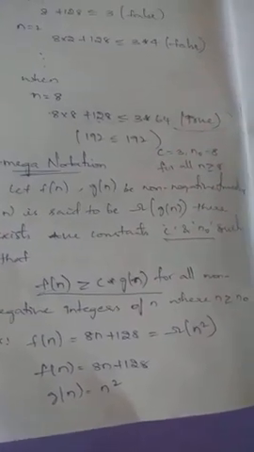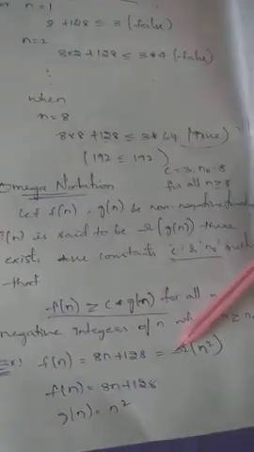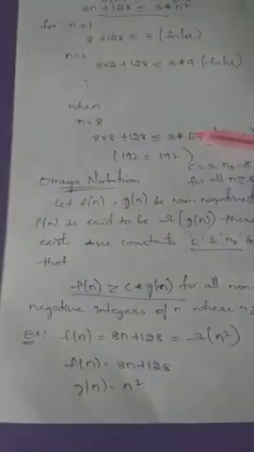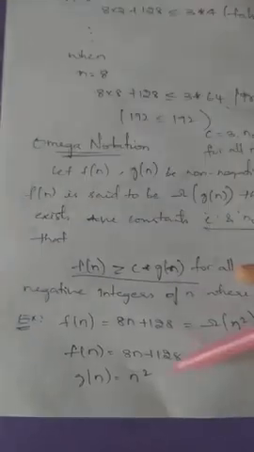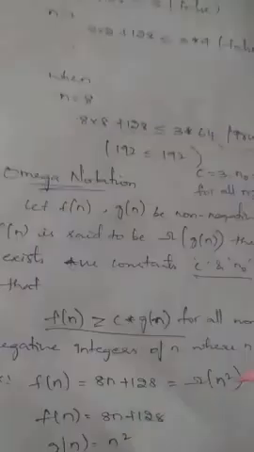In this I have written the same example as above, which we took in the big O notation, where f of n is equals to 8n plus 128 and g of n is equals to n square. Here also we have to substitute the values.